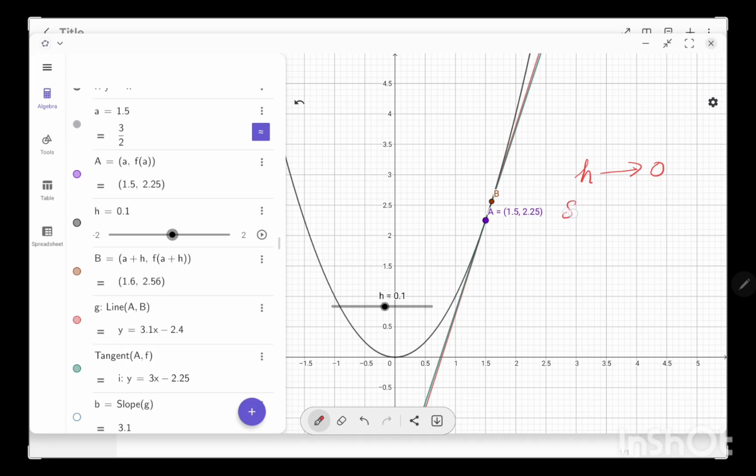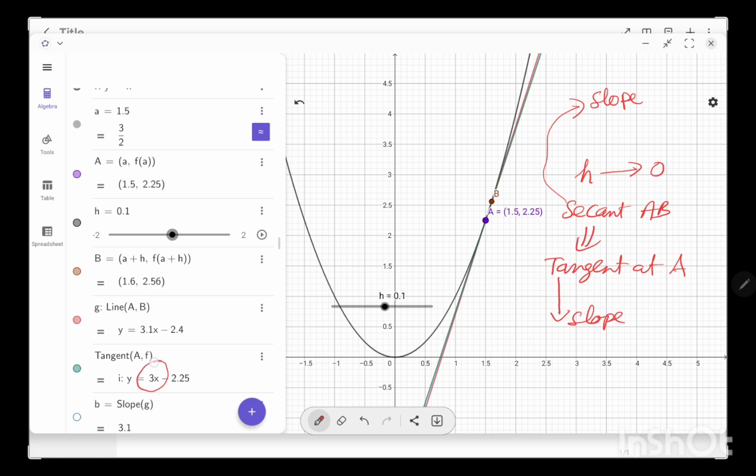One is the secant AB becomes the tangent at A. So the slope of the secant actually becomes the slope of the tangent, and we have understood the slope of the tangent here is 3.